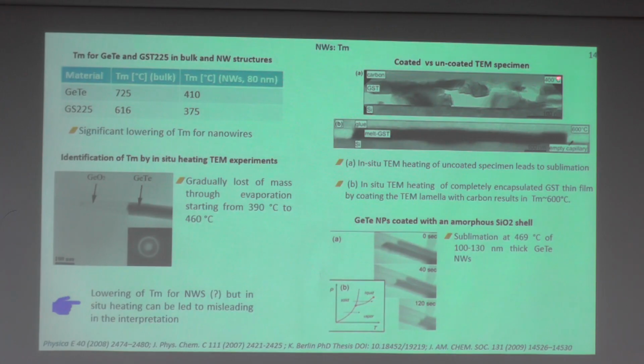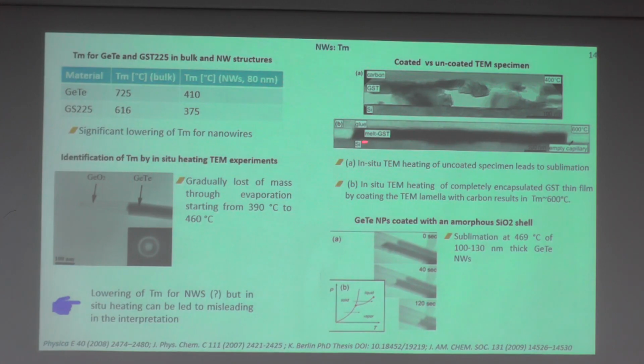This image shows you uncoated nanowires heated to 400 degrees C, like in this one compared to this. Here you have the melting. Here we also have some melting information of holes and mass loss in the nanowire. And then after coating of such GST, it was a thin film.